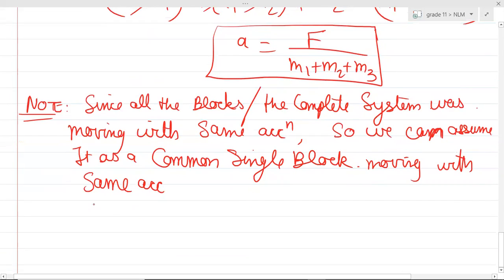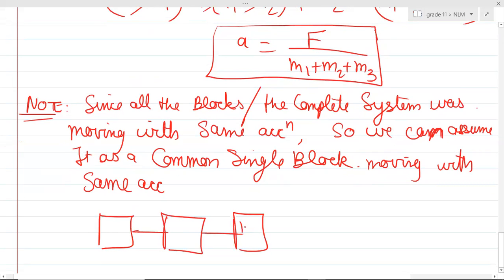So guys, can you see there were three blocks M1, M2 and M3, and you were applying a single force F on this. So what can we do? We can assume the whole system.